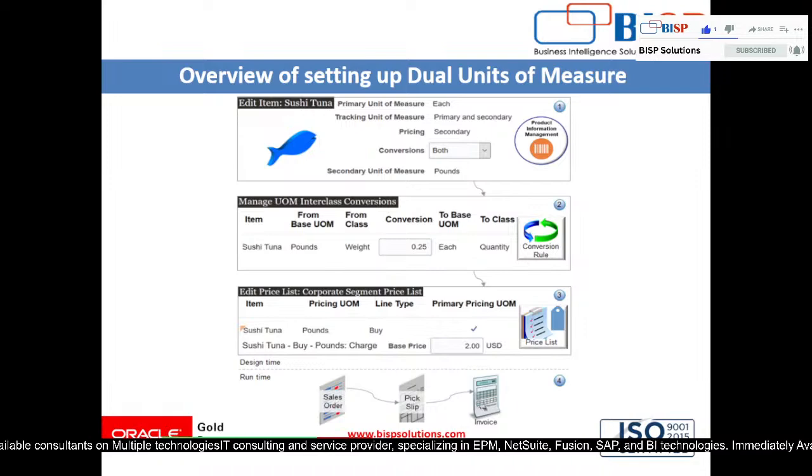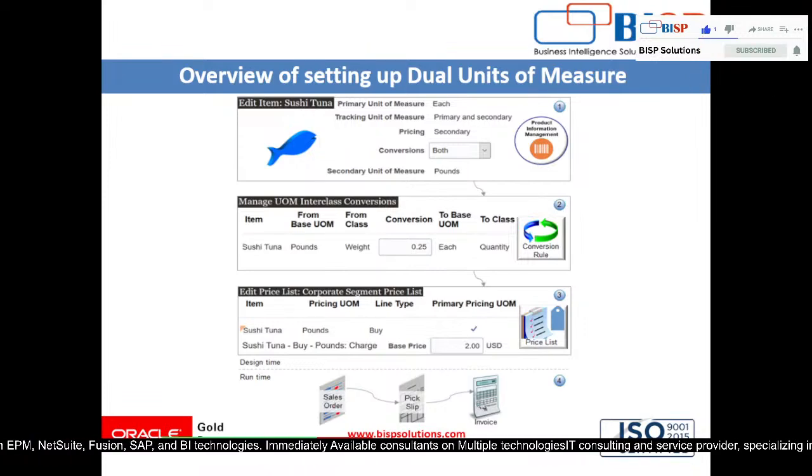You sell each fish for a different amount because each one has a unique weight. You need to track the item in the primary as well as the secondary unit of measure throughout the order fulfillment life cycle.